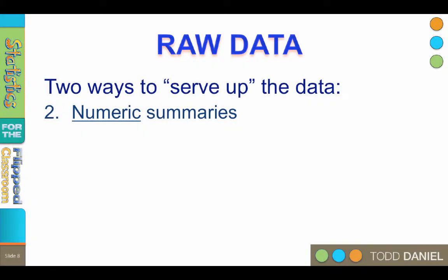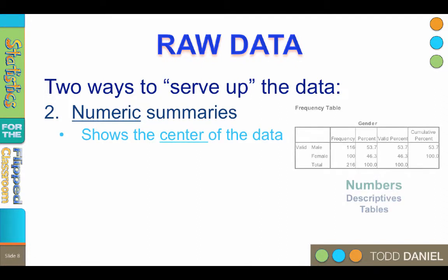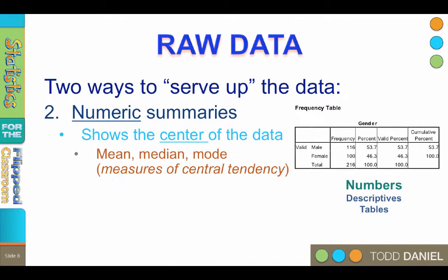A second way that we can serve up our raw data is with a numeric summary. For instance, we may want to know how many male and how many female students answered our survey. Perhaps we want to know what was the average age of all of our participants. Or perhaps we want to use both of these variables and examine the average age of males along with the average age for females.